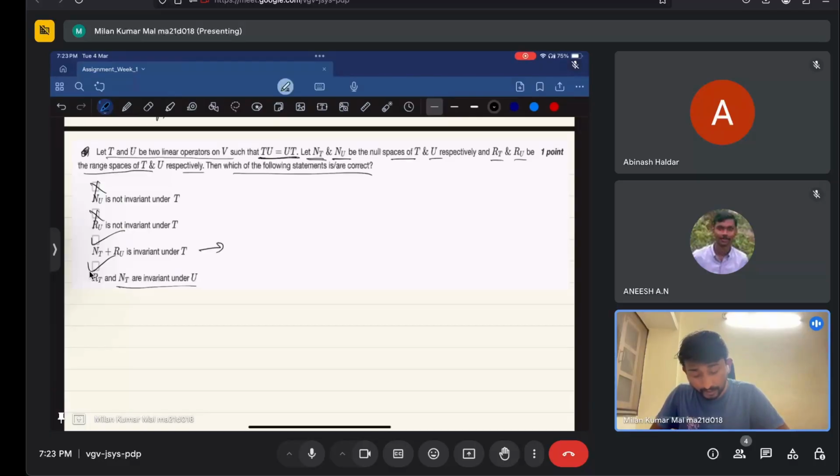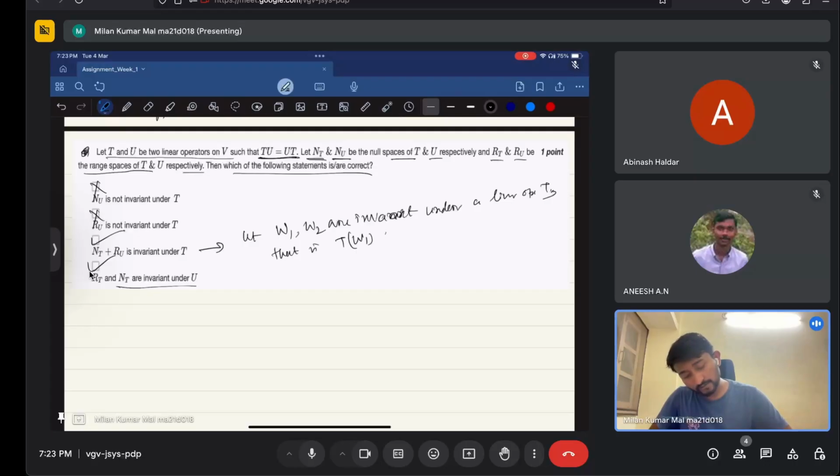This is why this is happening: suppose W1 and W2 are invariant under a linear operator T, that is, T of W1 is a subset of W1, and T of W2 is a subset of W2.